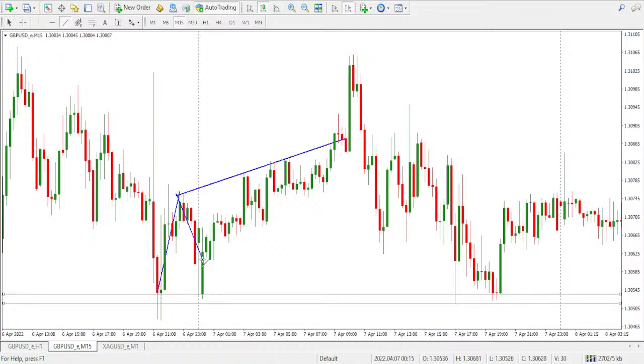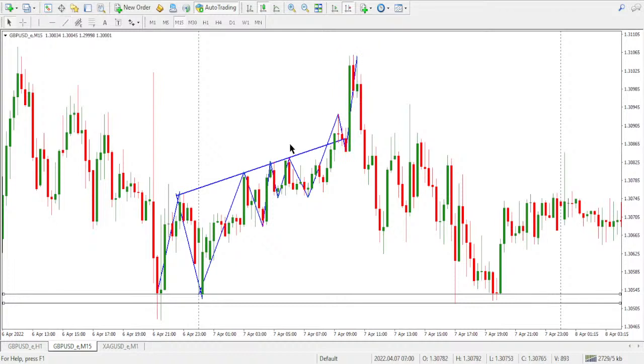Then there is a low, then a high, then a low, then a high, and then we have an ultimate high somewhere there.